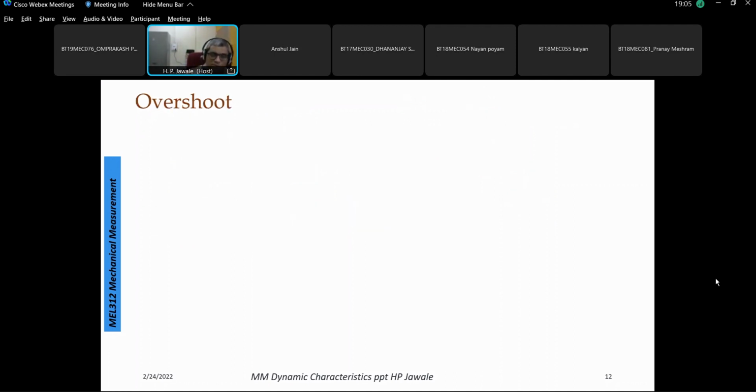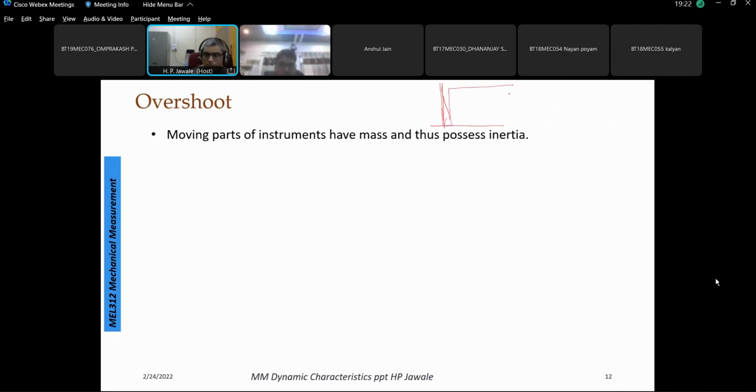Then the next important property is the overshoot. So again, if we consider a system, I think the example will come in due course of time. Suppose we have applied some signal here. So this is the true input that I am going to apply. Now to this input, the response will be something slow. It will take some time to reach.